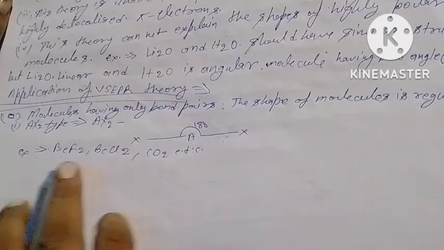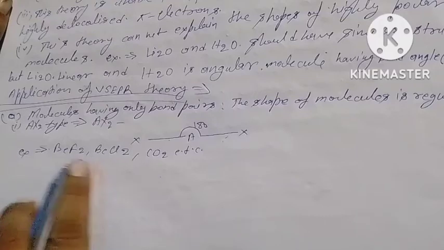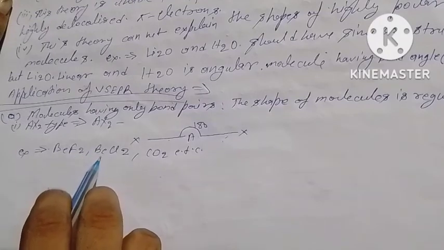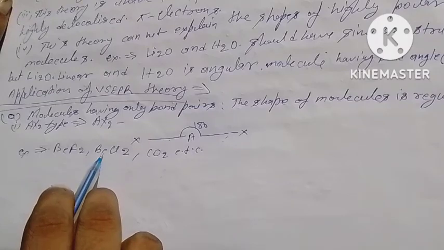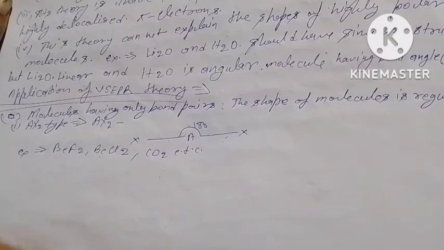In BeCl2 the central atom is Be. It has two bonding electron pairs in its outermost orbit. The bond pairs lie on opposite sides of the central atom Be, due to which minimum repulsion and maximum stability occurs.